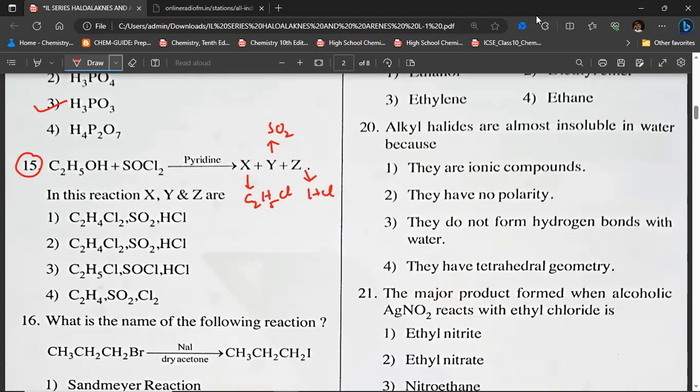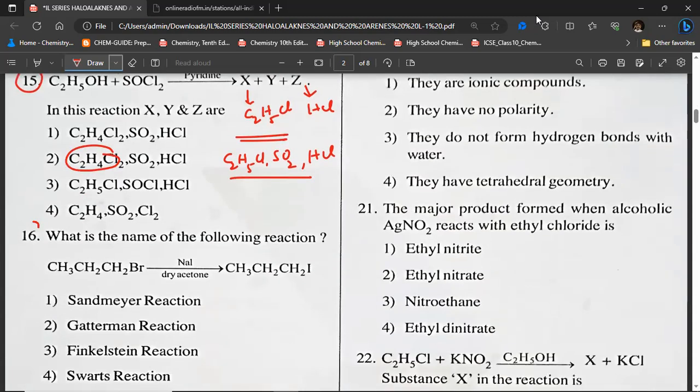The first two options are similar, so any one you can consider. In this one, there is no right option for that. So the right option is C2H5Cl, comma, SO2, comma, HCl. Nothing like that is there in the options we have, so we can go with this as the right option for this 15th question. If it is the first one or second one, a correction is required in this one.